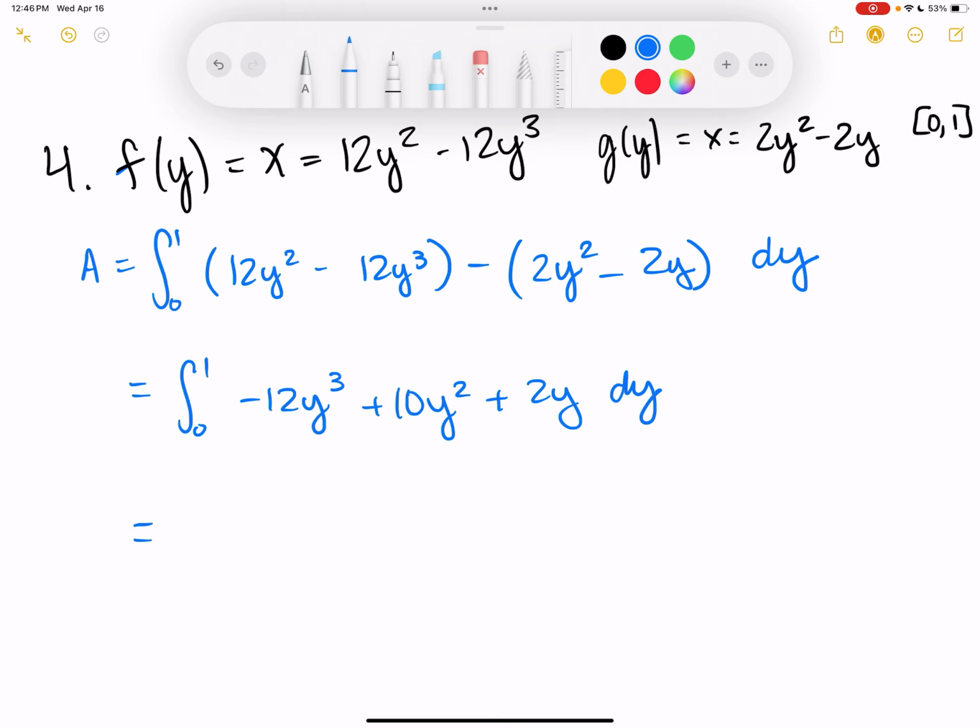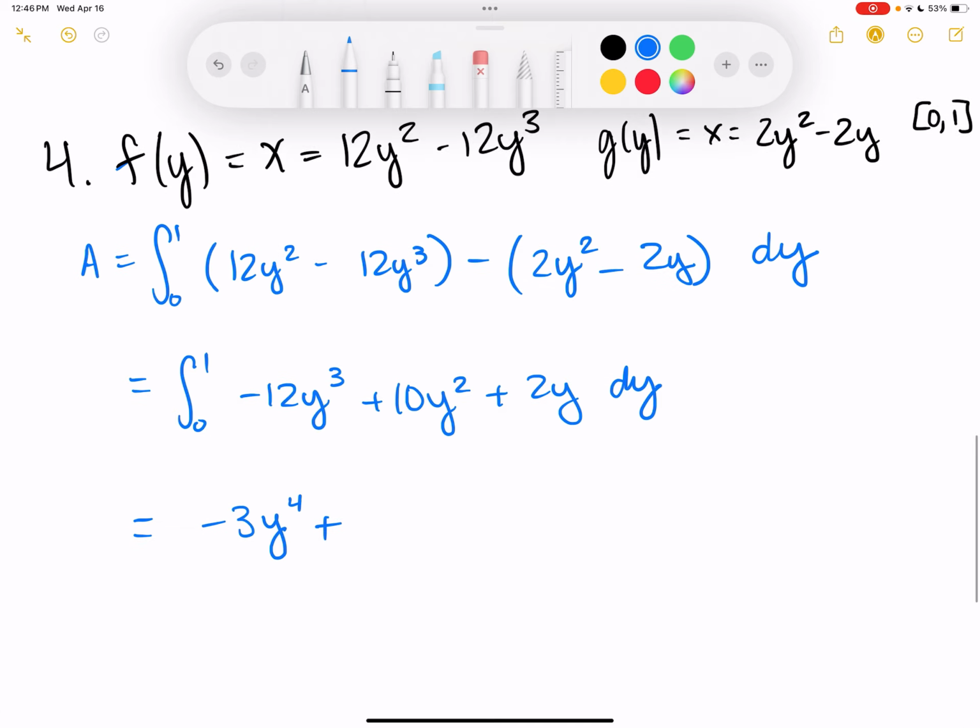So what is the antiderivative of negative 12y cubed? Negative 3y to the 4. Yep. What about of 10y squared? 10 thirds y cubed.